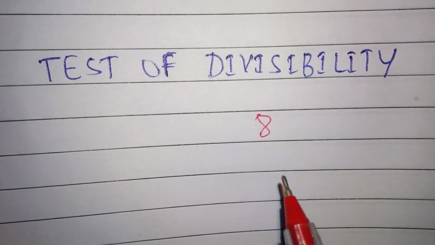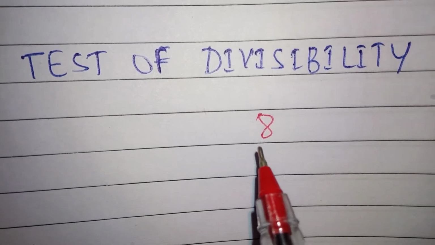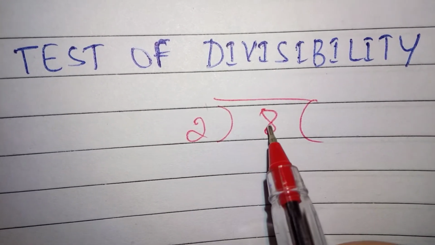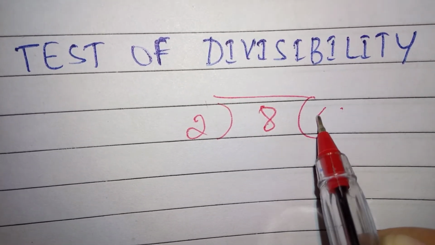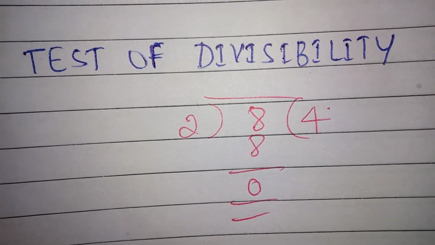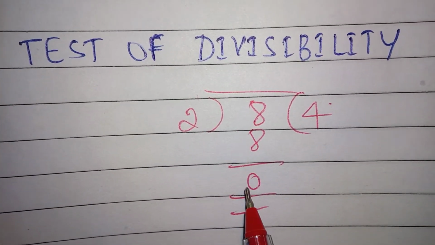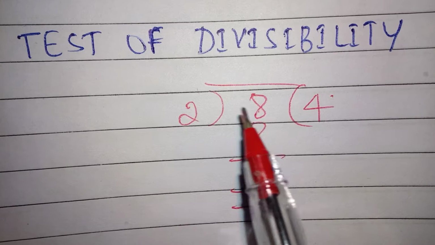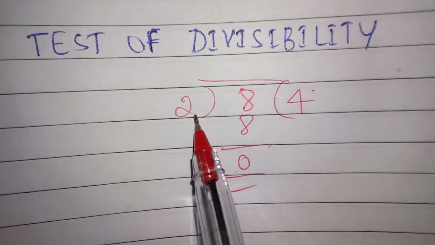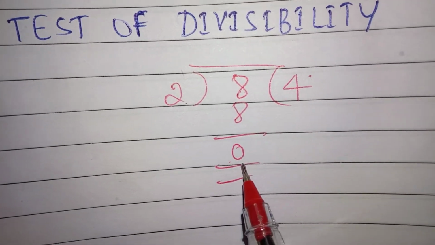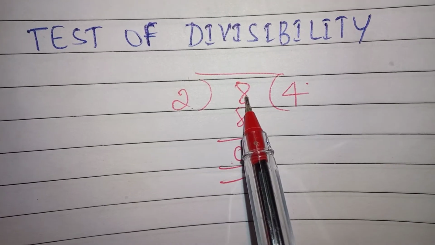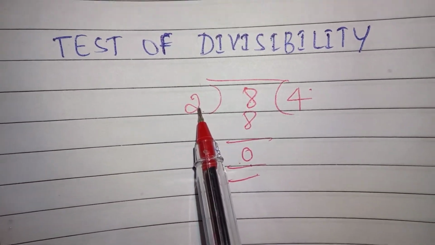It is a small number, so you can tell that it is divisible by 2. 2 4s are 8, so you got the remainder as 0. When you get the answer as 0, you can say that 8 is divisible by 2. If you get the answer as 0, then 8 will be divisible by 2.